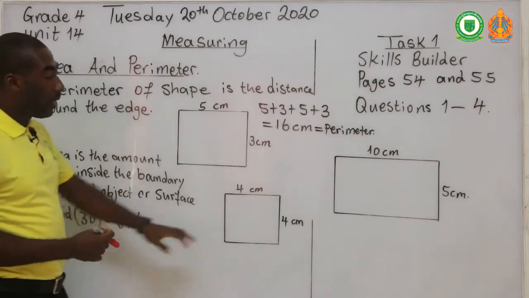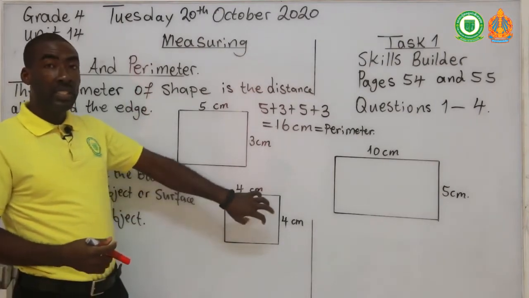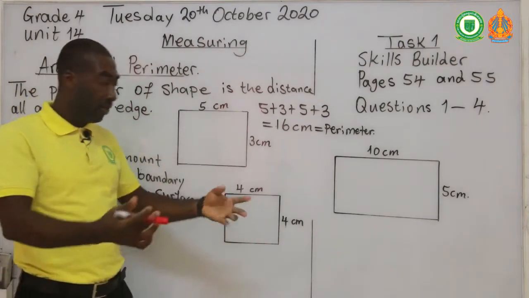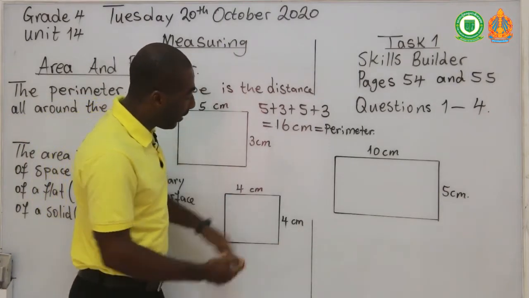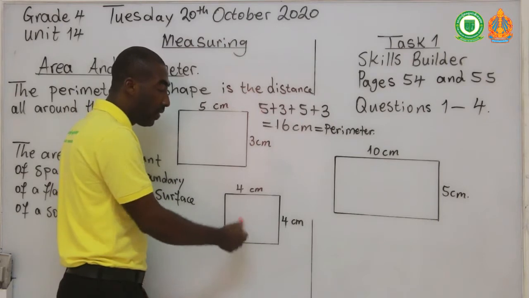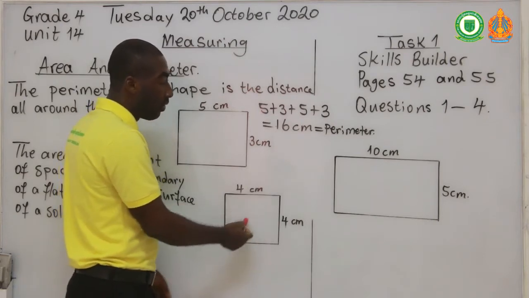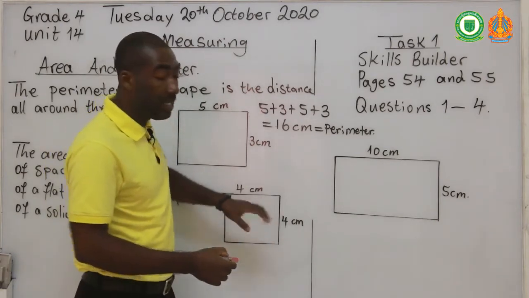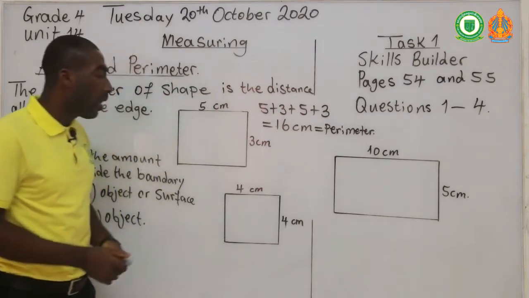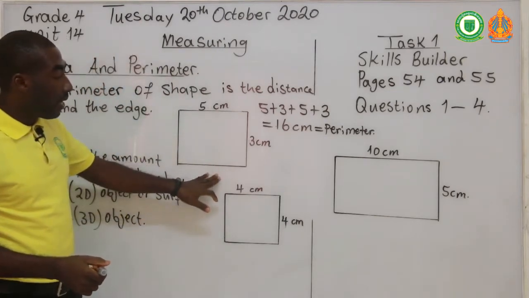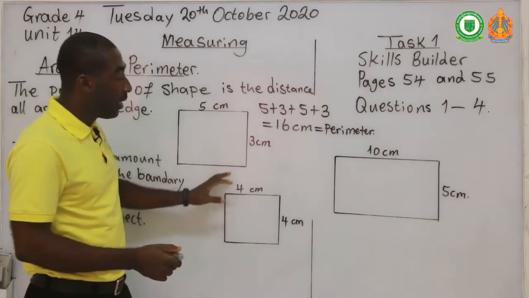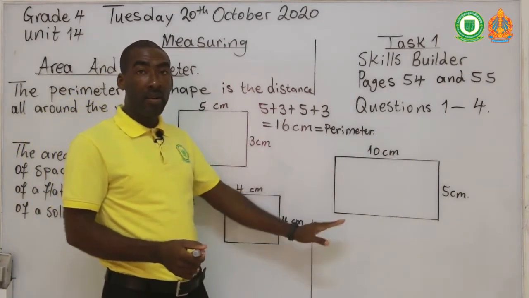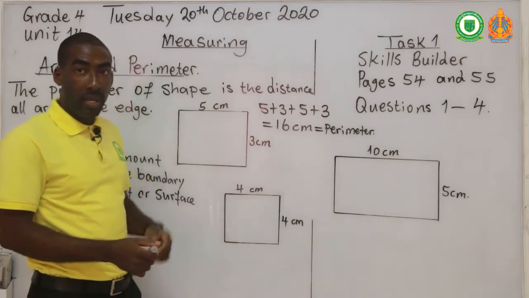Now we look at what an area is. An area is the space within the boundary, okay? So we have 4 lines here and this is the space that we have here. This is what we're going to look for as the area. To find an area, we need to multiply the length times the breadth, okay?